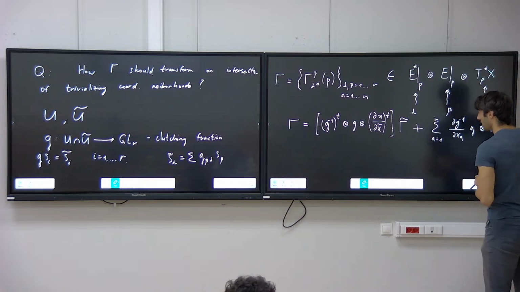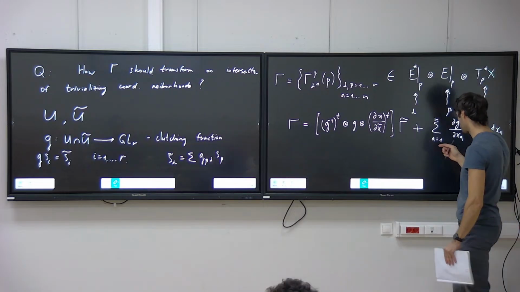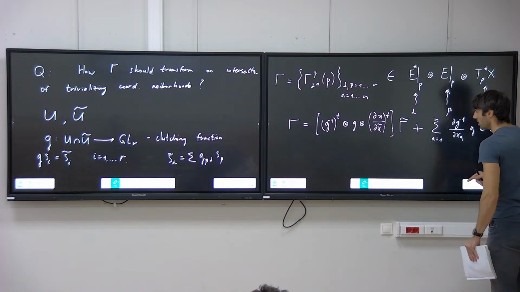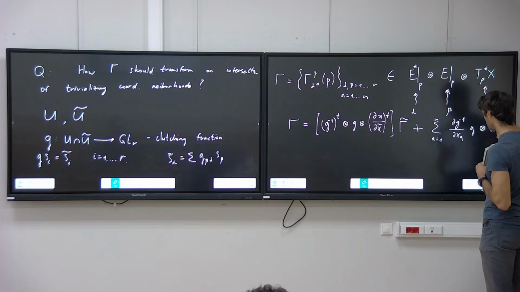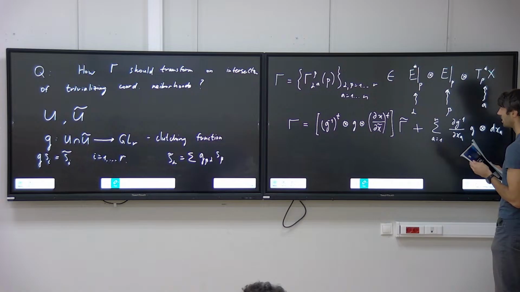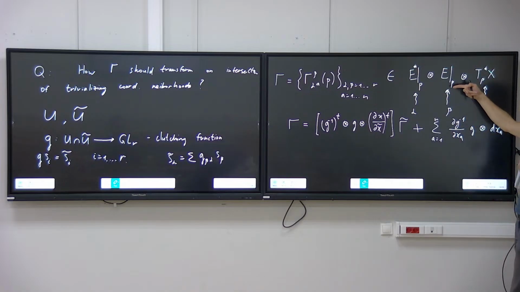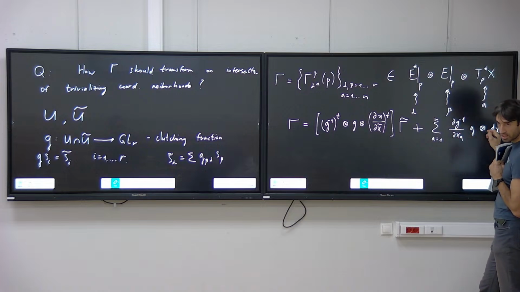Then this happens for every point. And then plus this guy. This should also be inside here. So I should think of this term as in here, right? How do I look at it? This is like an R by R matrix multiplied by another R by R matrix, right?